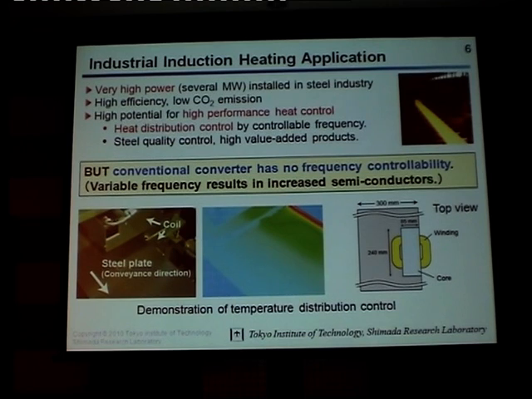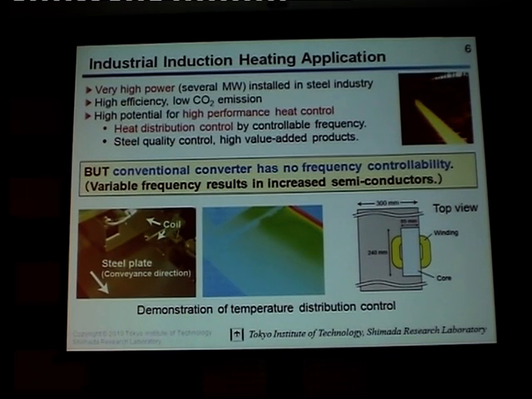So, I will talk about the very first application of soft switching technology, industrial induction heating. As you know, induction heating is used in domestic cooking, but very high power induction heating, up to several megawatts, is installed in steel mills, as shown here.